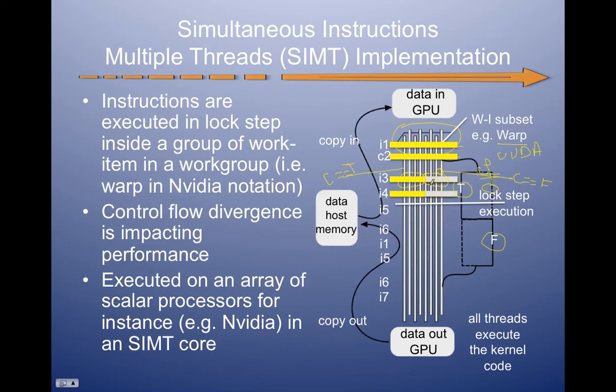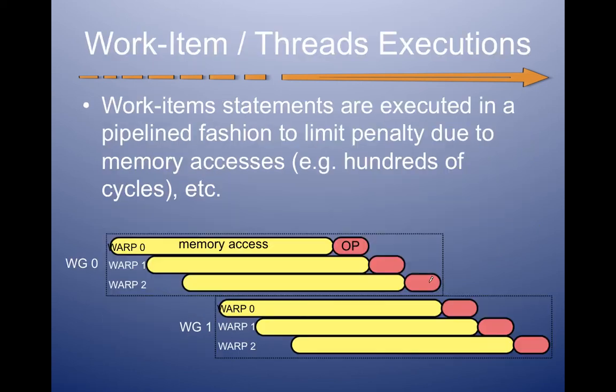Then I reach the else, and I swap the mask between the threads. Now the instructions for the threads with the condition equal true won't have an effect when I am in the false branch, etc. And then I unmask everything and continue the execution.